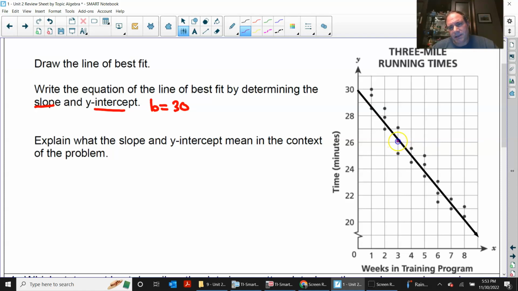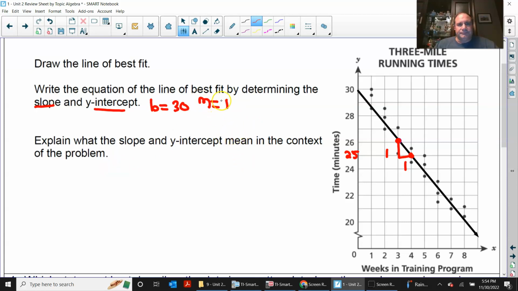I'm going to pick this one, and I'm going to pick this one. So this is my trend line. Since this is 1 and this is 1, my slope is 1. M equals 1.